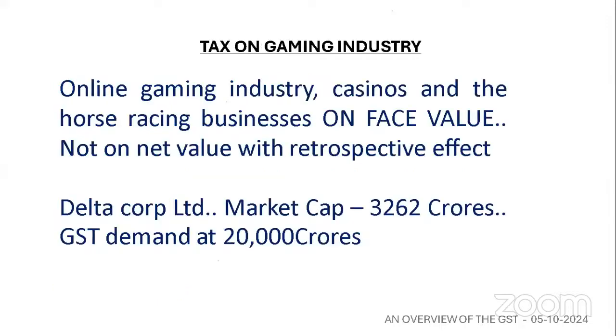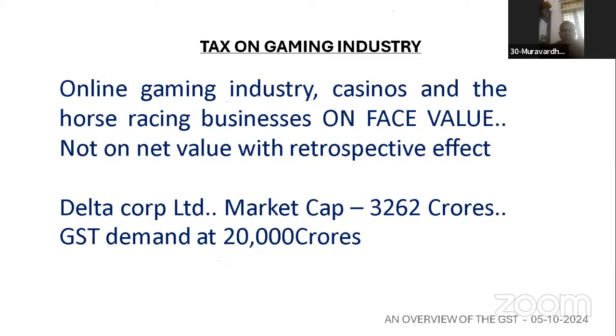Then for online gaming industries, casinos, etc., the tax rate is 28% because the service is a sin service. Now, recently in the year 2023, the government came out saying that the 28% tax is applicable on the gross amount collected from the customers.